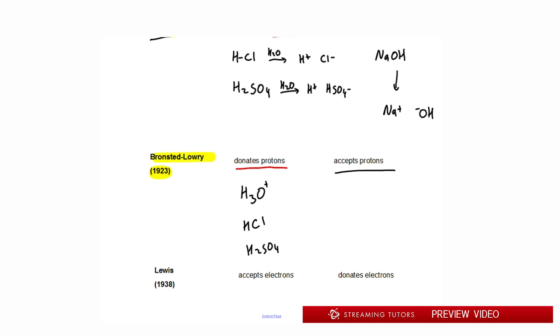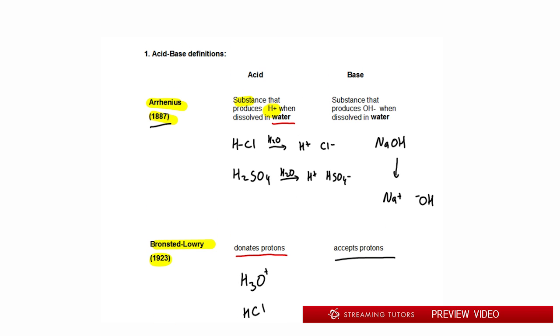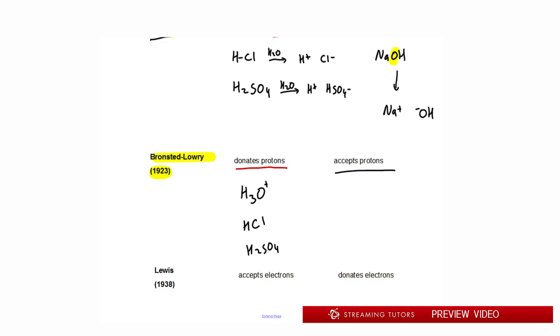Now, a base is one that accepts a proton. Big difference, right? This is a major difference from the top definition. Arrhenius, we said hydroxide is our focus, whereas now we're saying, no, forget about hydroxide. Sure, that's a base, but what about other things that can accept protons? And that's what Bronsted-Lowry defined. They said that anything, so hydroxide, of course, can accept a proton, so it's a base, OH minus.